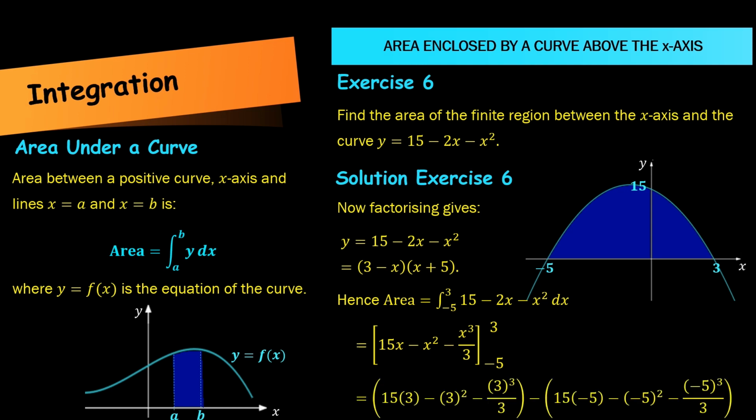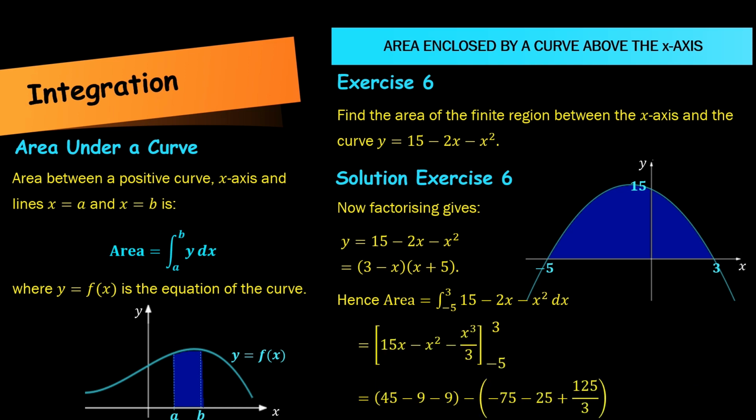And then putting in the limits, so x equals 3 here, and x equals minus 5 here. And then tidying up gives us 8 1/3.